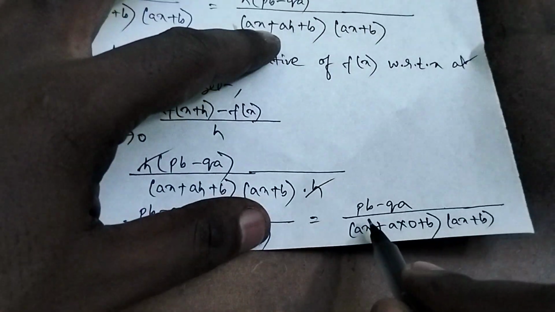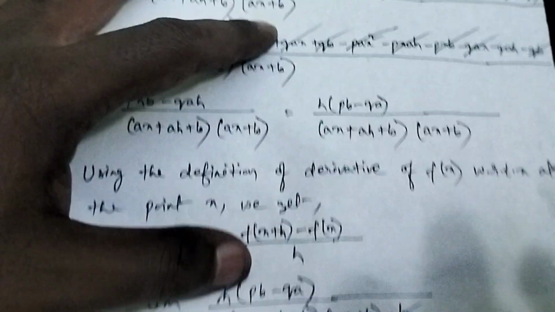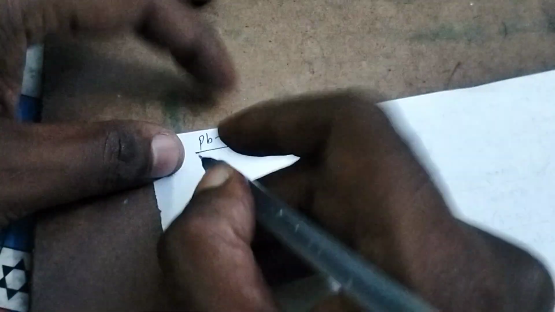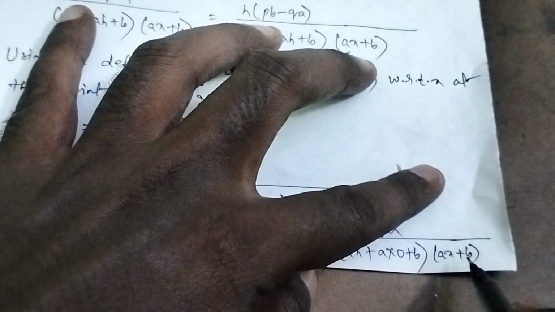Then in the next page it is equal to (pb minus qa) by (ax + 0 + b), that means (ax + b), and (ax + b).